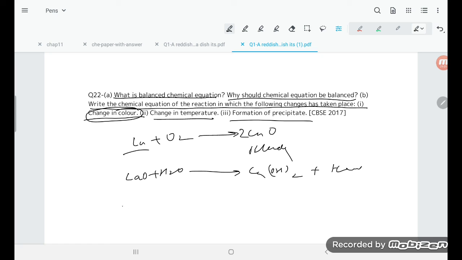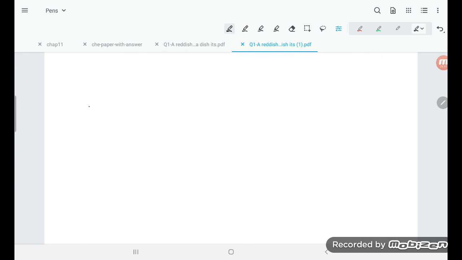Formation of precipitate: AgNO3 plus NaCl gives AgCl, which is the precipitate, and NaNO3 salt will form. So this is all about this problem.